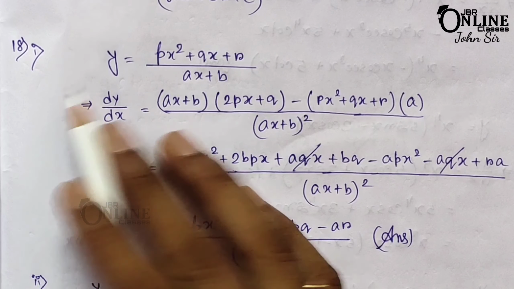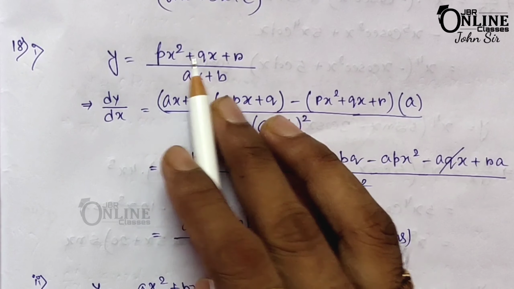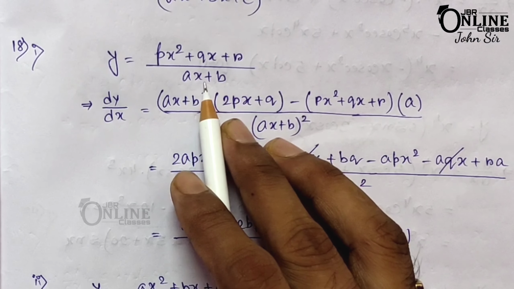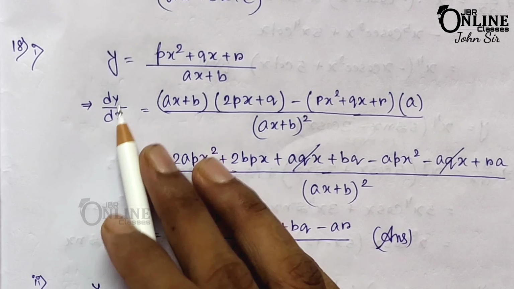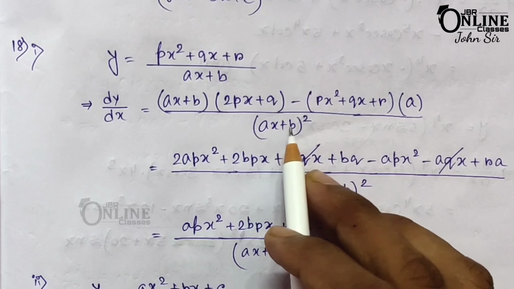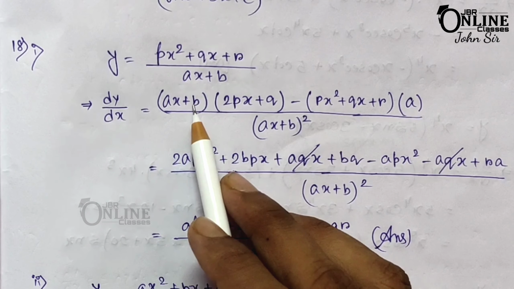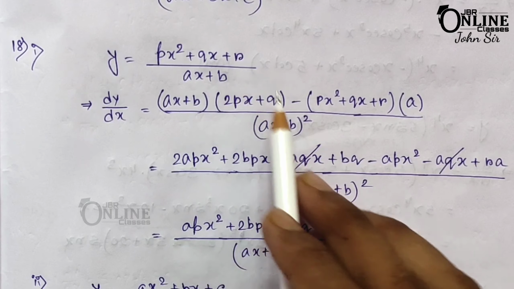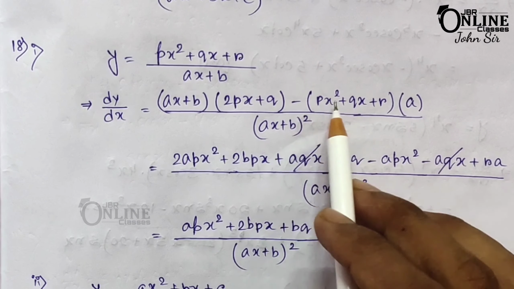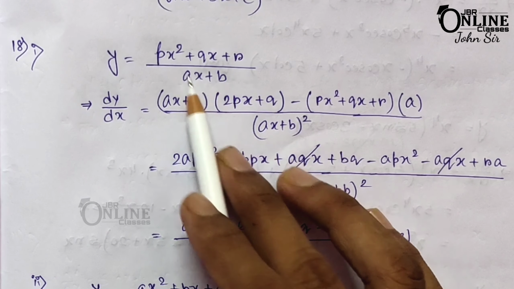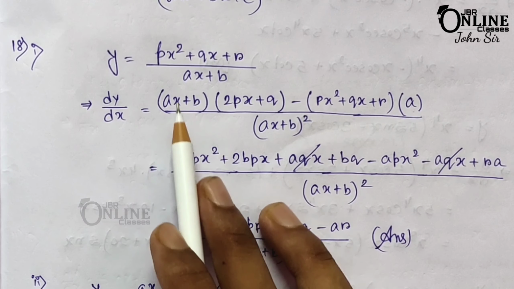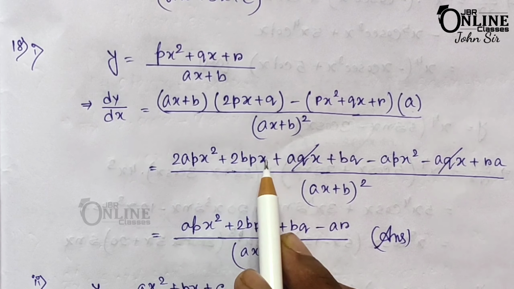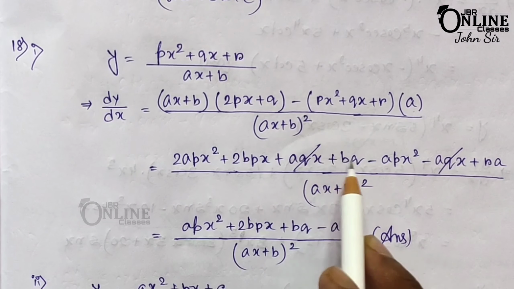Sum number 18(1). Here y equals px square plus qx plus r by ax plus b. So this one is u, this one is v. By the u by v formula, dy by dx equals ax plus b whole square in the denominator. Then write down here ax plus b and then the derivative of this one, so it will be 2px plus q. Next, minus, write down this one and the derivative of the lower one, that is a. Now multiply these two. Here 2apx square plus 2bpx plus aqx plus bq.